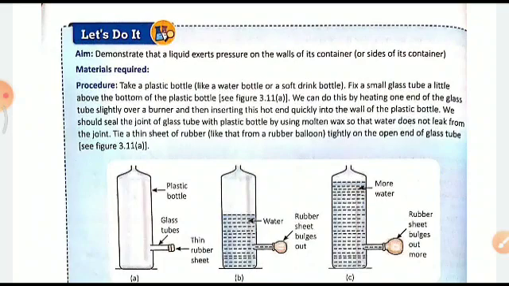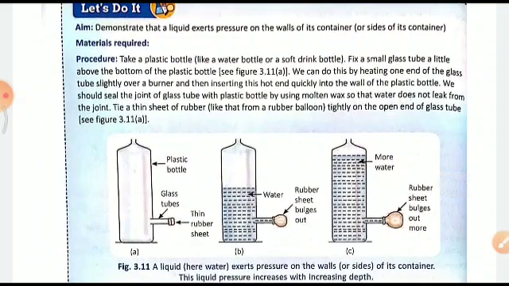For that, this is the kind of apparatus we have taken, right? Firstly, we take a plastic bottle and fix a glass tube in it, and then a thin rubber sheet is put on it, and then we add some water to it. Take a plastic bottle like a water bottle, fix a small glass tube a little above the bottom of the plastic bottle.